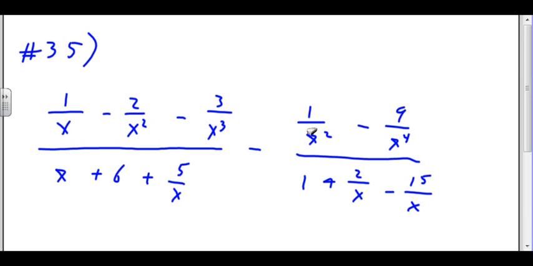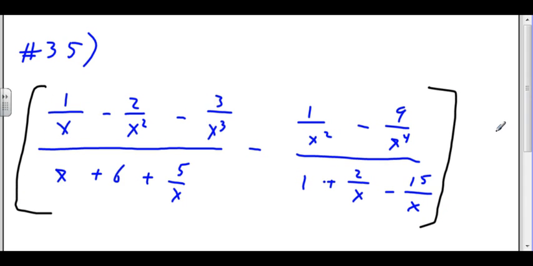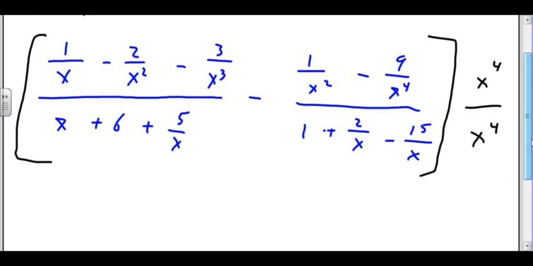Somebody check the clock, see if I'm going to run out of time. What I propose is that we multiply top and bottom by x to the 4th over x to the 4th. That's going to be our plan.